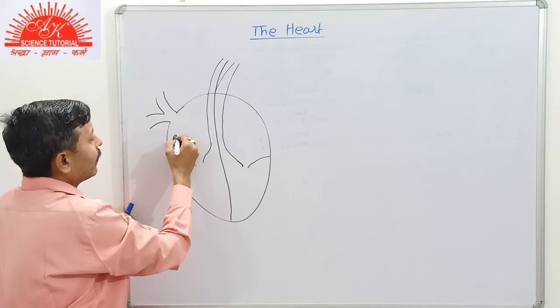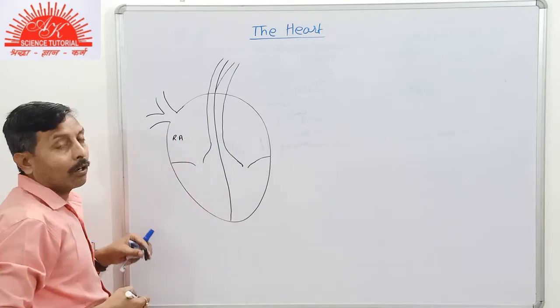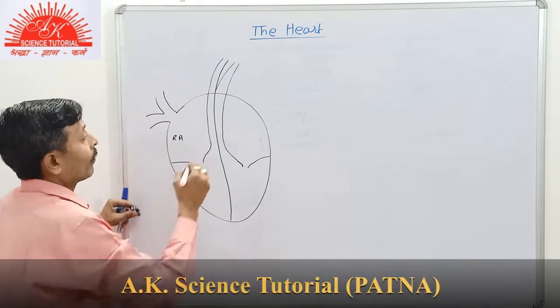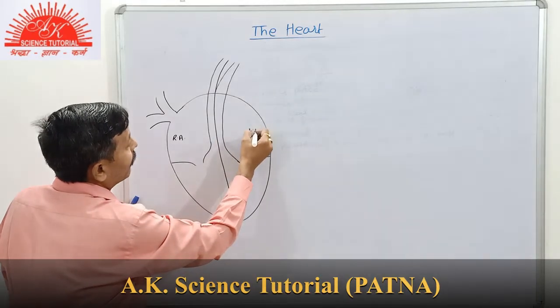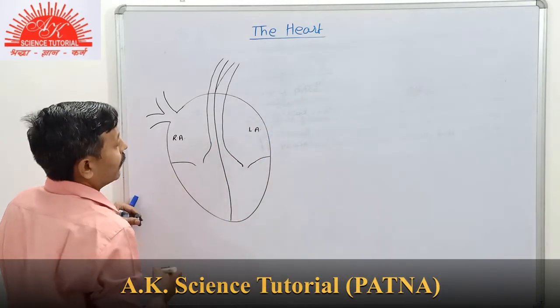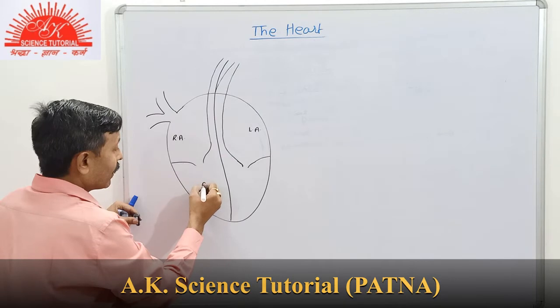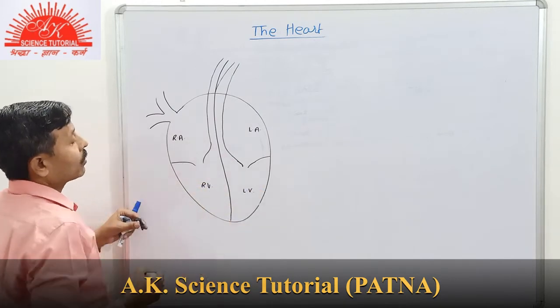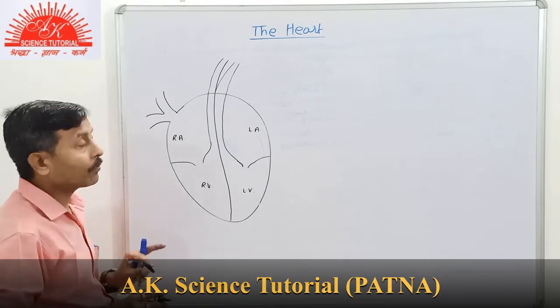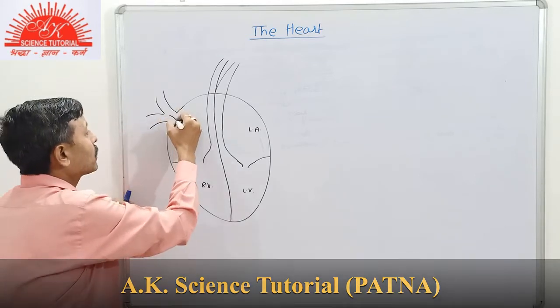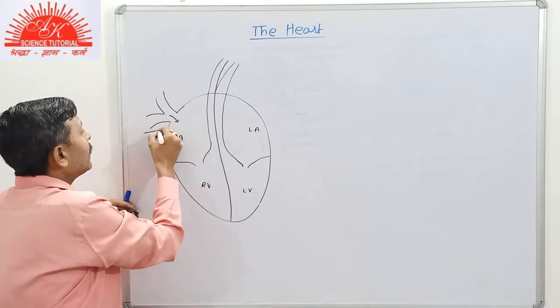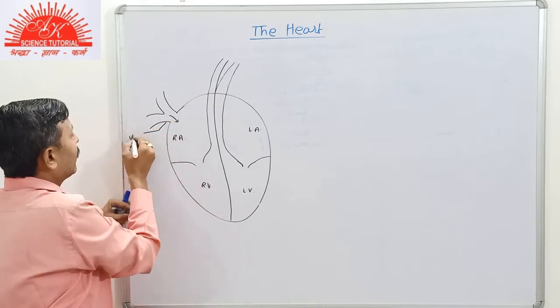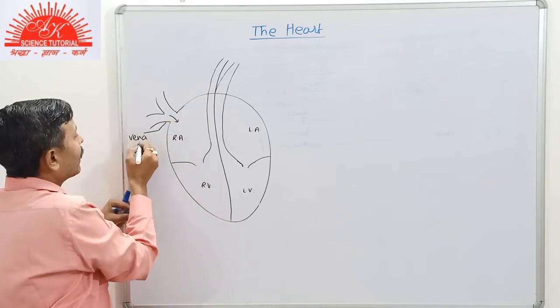That is, here the right auricle or right atrium. On this side there is the left auricle or left atrium. This is the right ventricle and this is the left ventricle. So these are the four chambers first of all. Then you see here this major blood vessel is called vena cava.